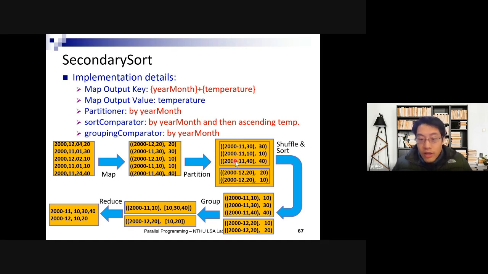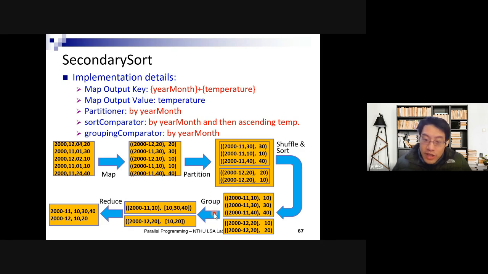Therefore, they have a chance to be grouped together as a single key to the reducer, so that we can generate this aggregated result. The default partitioner will hash based on all the values in the key. That will scatter the results to different reducers, and that will not achieve what we want. So we have to override the partition function to ensure it's only hashed by the first part of the key.